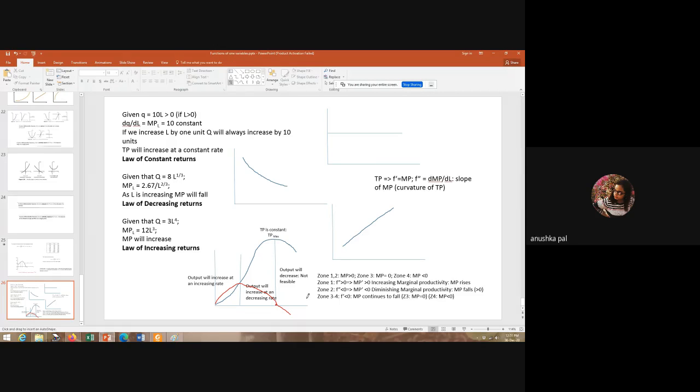Initially, it will be below MP, sorry, AP will be below MP, and then it will cut MP, be equal to MP, and then it will start falling, but it will remain positive. Why will it be below MP? Can you prove it? What you're saying is it will be like this.